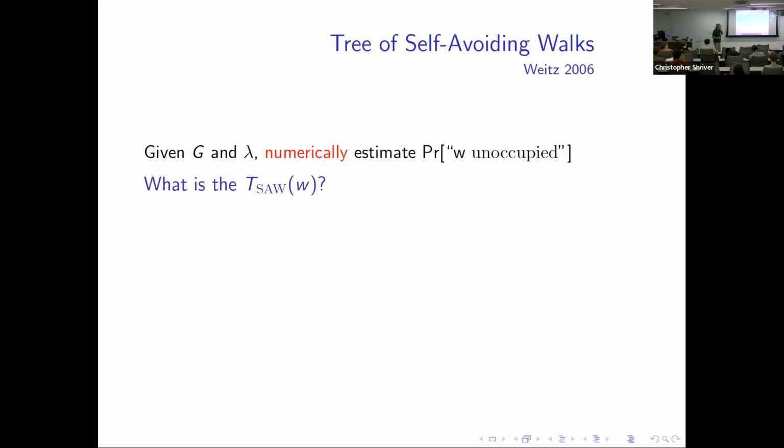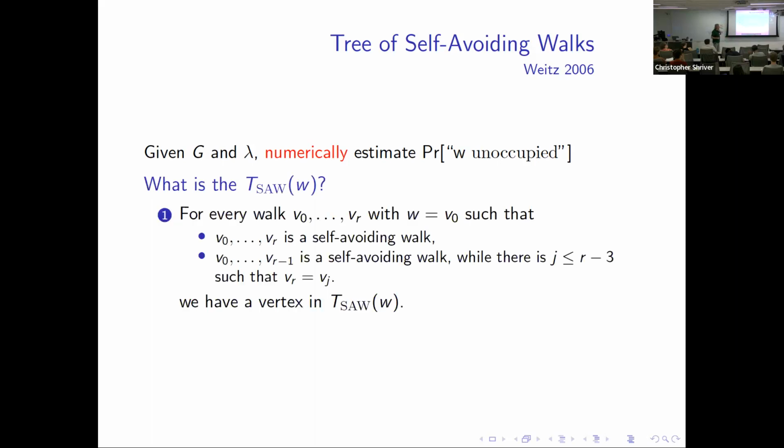So what is a tree of self-avoiding walks? We go to the graph G and we focus on the walks V0 up to Vr, where r can be from 0 up to n, right? These walks need to start from vertex W, the vertex whose marginal we need to estimate, right?